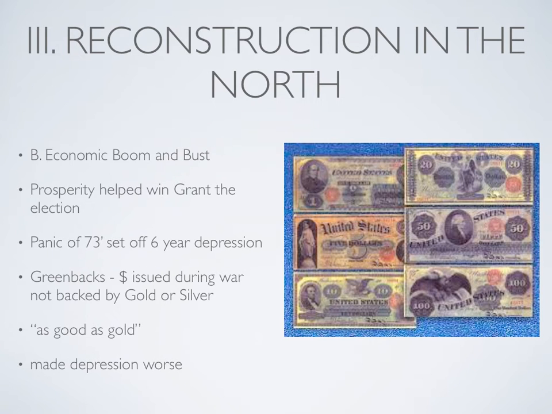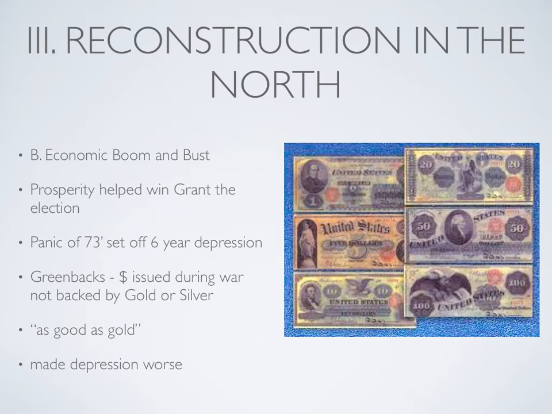Okay. So the economy is pretty much prospering at the time that Grant wins the election. But then you have the Panic of 1873, which sets off a 6-year depression. And a part of the reason why there's this depression is you have this money known as greenbacks. It was issued during the war, and that money's not backed by gold or silver. Pretty much it's backed by the promise of the government to honor it.